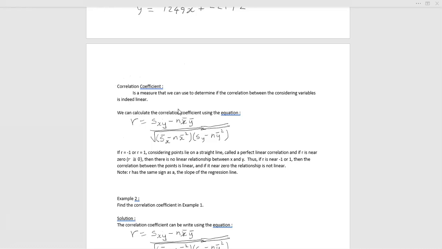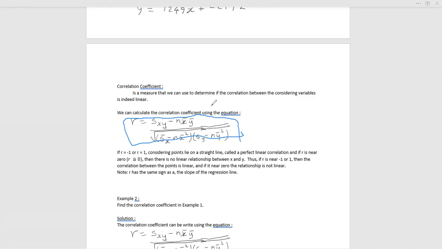Now, in the same way, this equation for the correlation coefficient, this formula is found using calculus. When you learn higher calculus, you will learn how to derive this. But at this level, you're not going to learn how to derive this. You just use this formula.